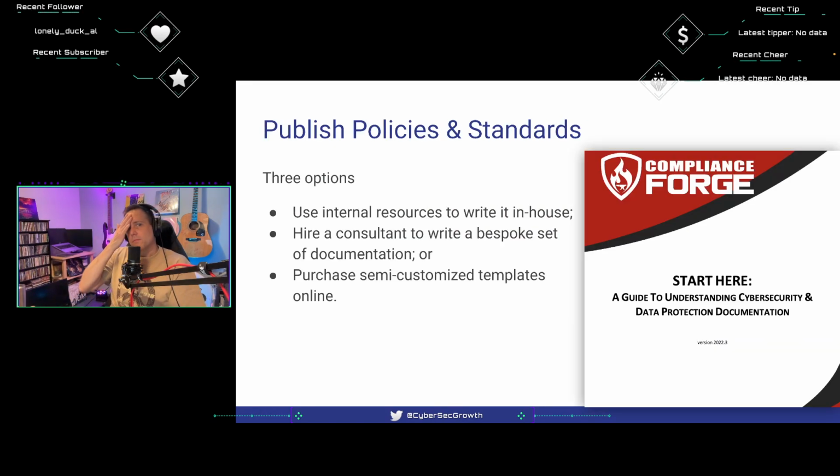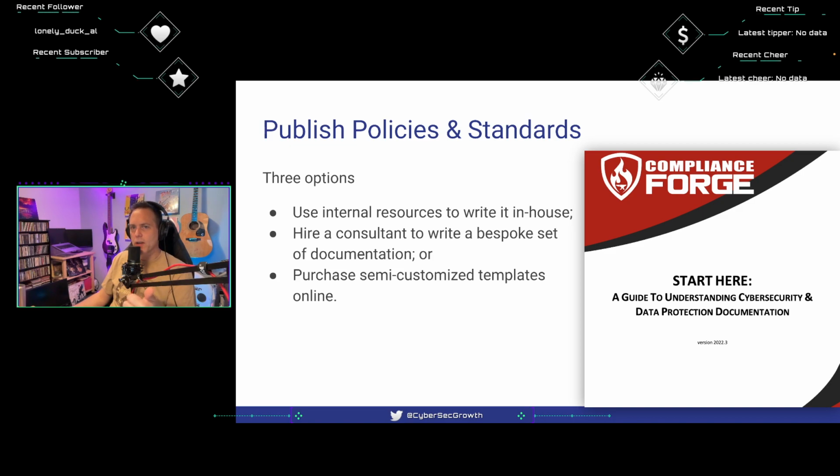So, one of the next pieces that is listed here in the guide is publishing policies and standards. There are generally 3 options for obtaining cybersecurity and privacy documentation. 1, use internal resources to write them in-house. So we're talking about writing your policies and writing your standards. Compliance Forge has a guide here that we'll talk about in a second.